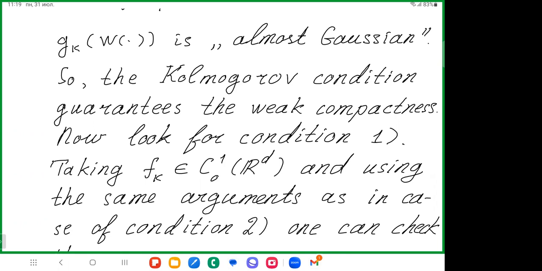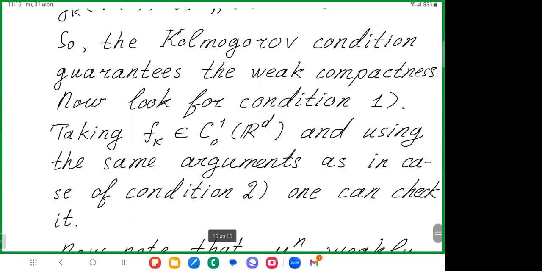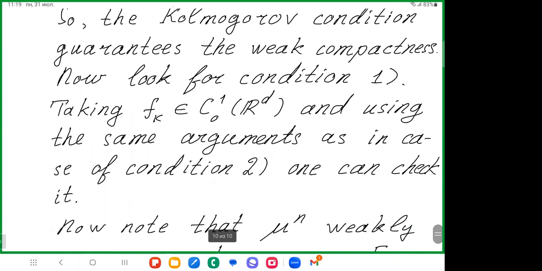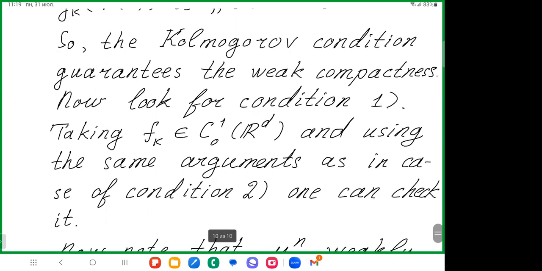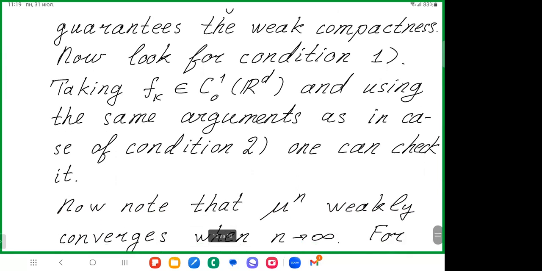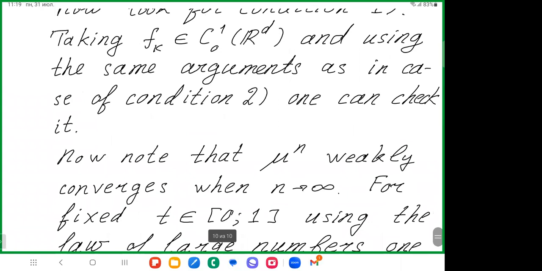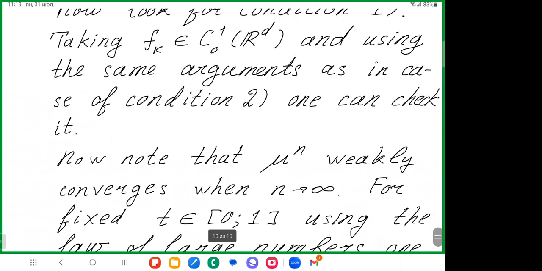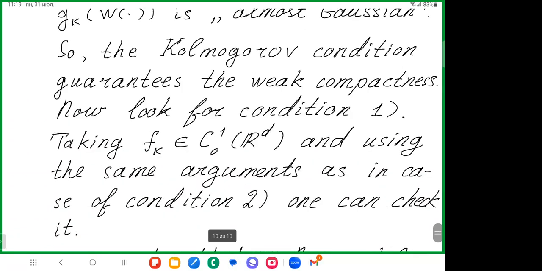Then, using the same arguments as in the case of condition 2, one can check that condition 1 also holds. Now we have the weak compactness of the distribution of our measure-valued process.